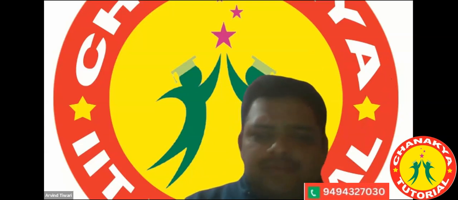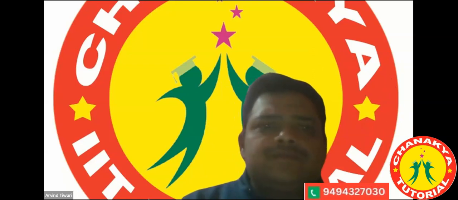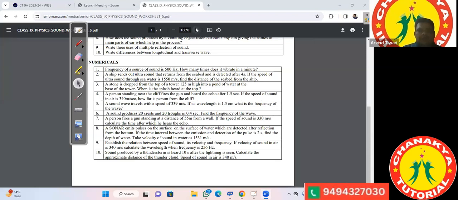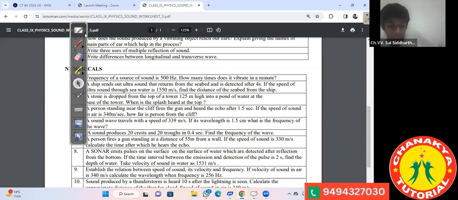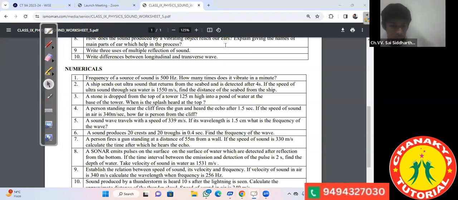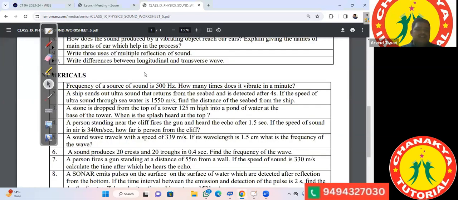Okay, let's see. Okay, so I think now the screen is visible to everyone. Can everyone see the screen clearly now? Yes, sir. Okay, so it should be readable now.